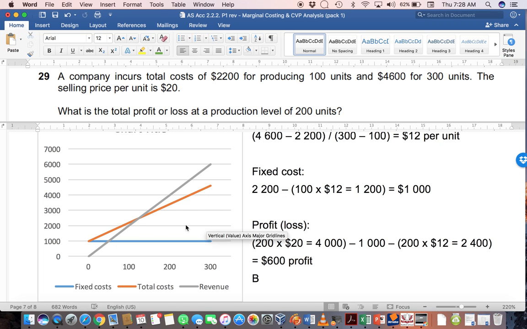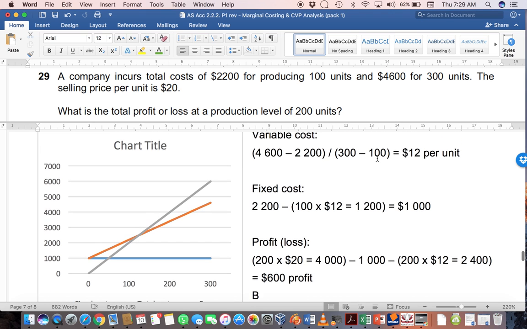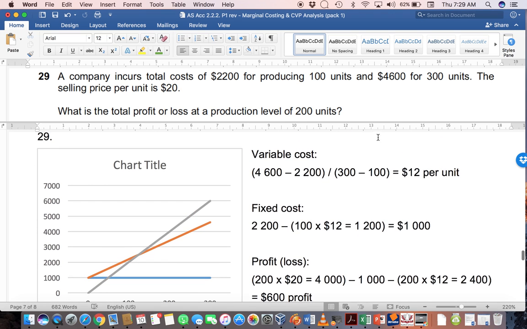This area that is sitting underneath the orange graph here can be used because it's a constant slope. The gradient is going to stay the same, and it is at the ratio of the variable costs to the units.